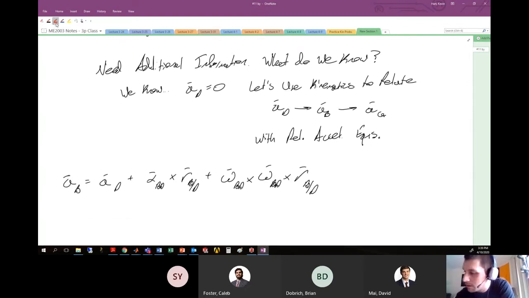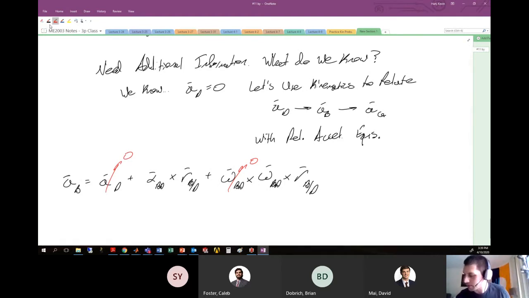So, as I just mentioned, there is no angular velocity of that particular wire, it's 0. But we know that there is angular acceleration because that thing is just about to move. So this one is non-zero. And we also know that the acceleration of point D is 0 because that's fixed.